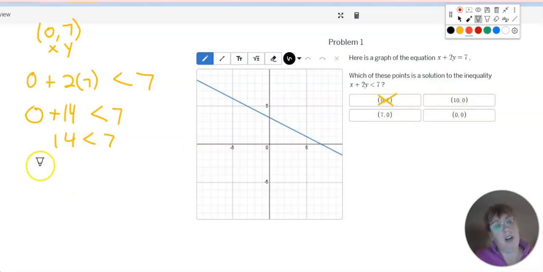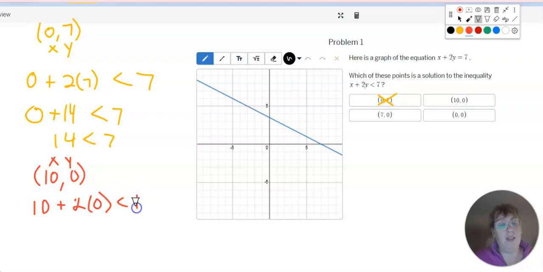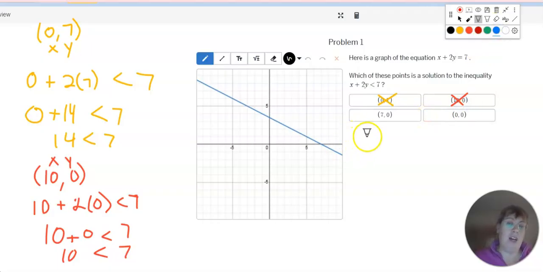We can try 10, 0, where our x is 10 and our y is 0. So we have 10 plus 2 times 0 is less than 7. 10 plus 0 is 10, which is not less than 7. So that also doesn't work. We can try 0, 0, where that's our x and our y.